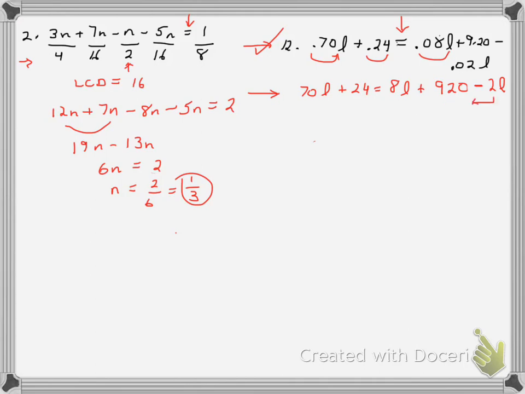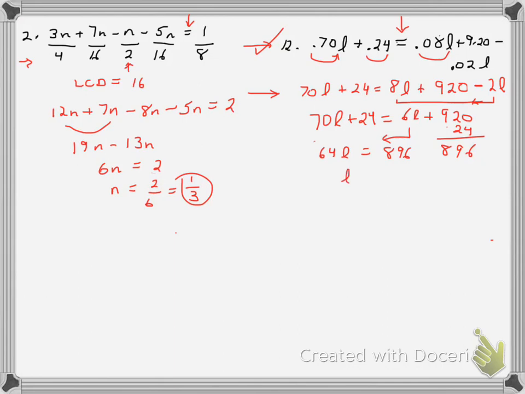I'm going to get 8 minus 2, or 6L, as I combine these like terms, plus 920. Hopefully I haven't made any other mistakes. I'm going to subtract as I move this to the left side. 70 minus 6 is 64L. 920 minus 24 is 896.